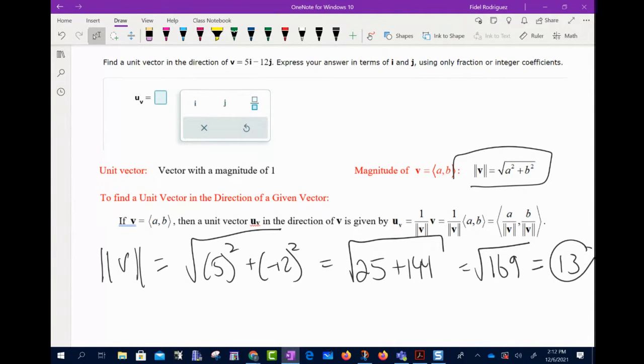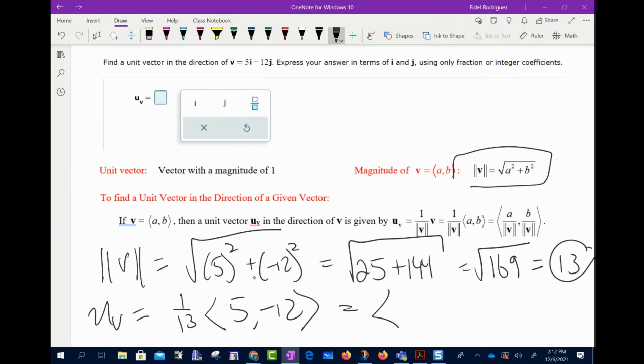And so now the way we're going to find our unit vector is we're going to write it as 1 over 13 times 5 and negative 12. So this should be something like 5 over 13 and negative 12 over 13, right? But it says express our answer in terms of i and j. So wouldn't I write it like this?